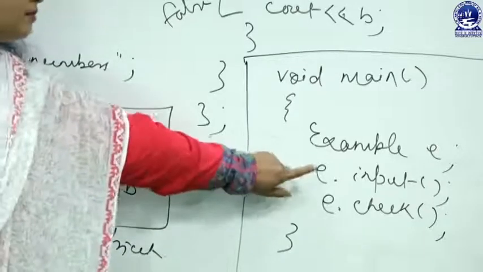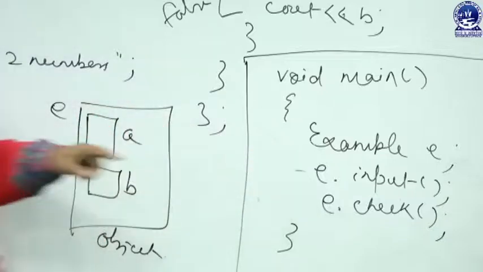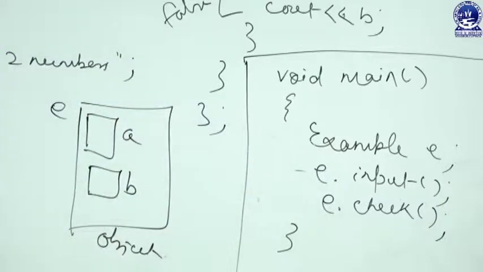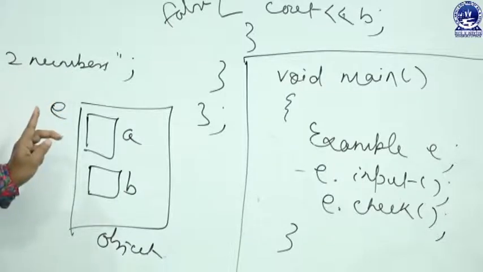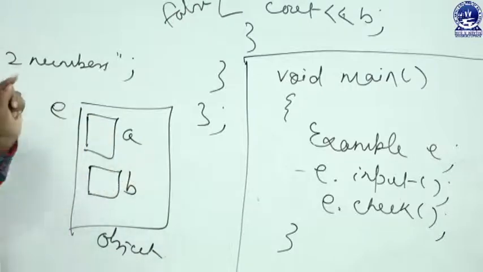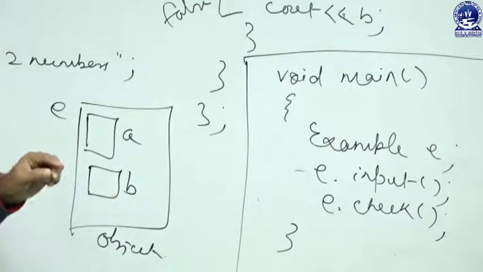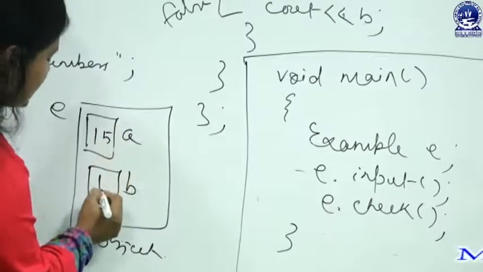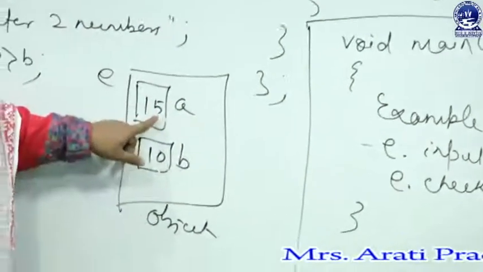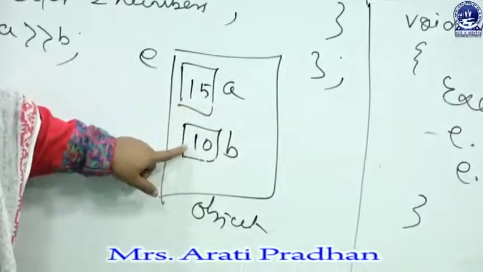When you are calling E dot input, this part will be executed and the message "enter two numbers" will be displayed. You will be asked to enter two values, and you may enter any values, no problem. Let you have entered 15 and 10. Let a value be 15 and b value be 10.